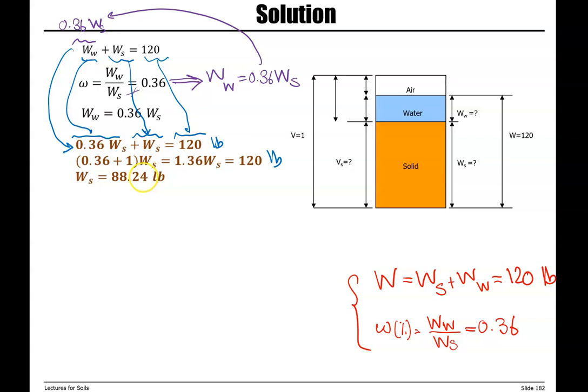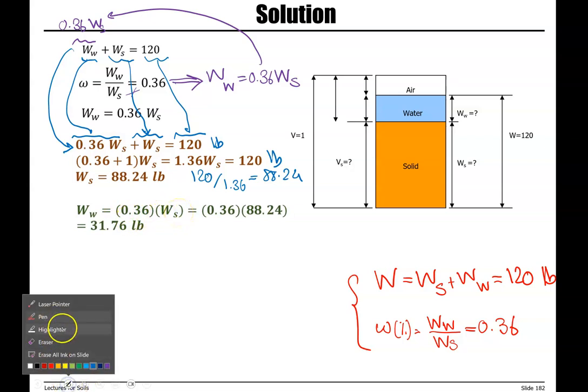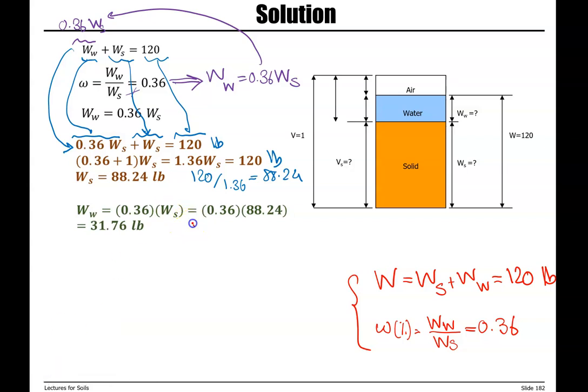So you can solve for weight of solids. Your weight of solids is 120 divided by 1.36, which gives you 88.24. And then you can also calculate weight of water as 0.36 times weight of solids, or the other way to solve this is weight of water is equal to total weight minus weight of solids.